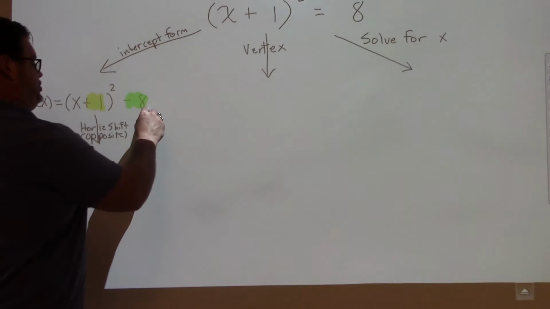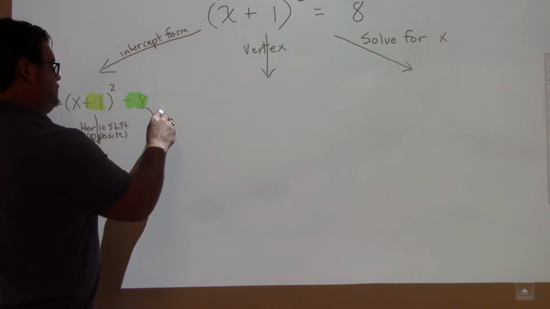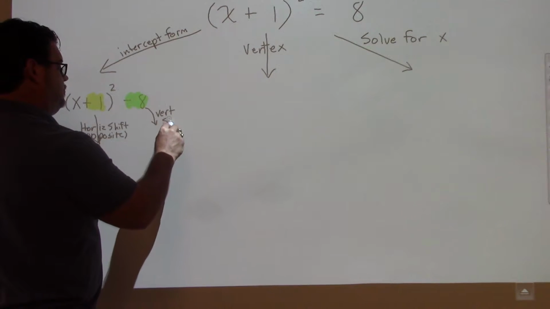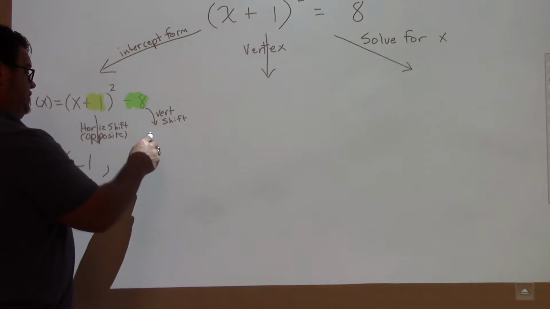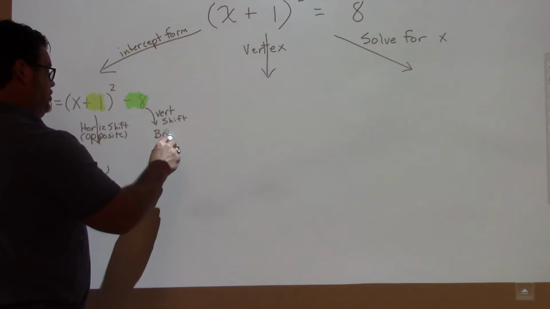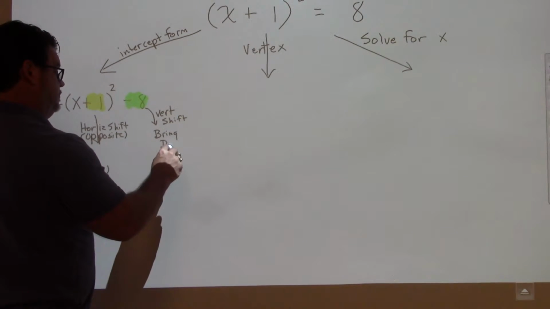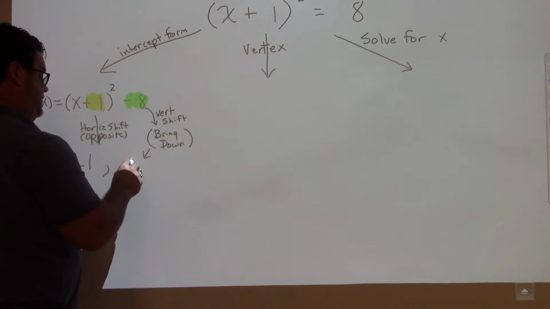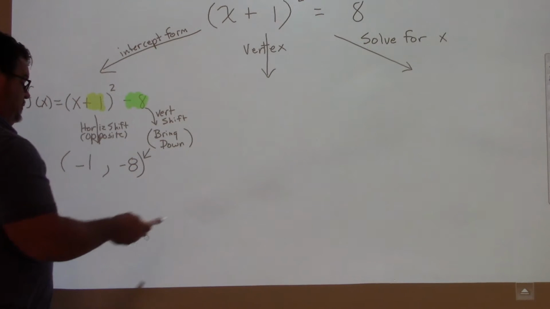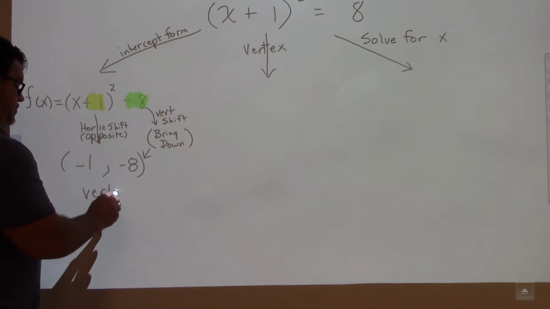Here is your vertical shift. Vertical shift, you just bring down. You don't take the opposite. And that's negative 8. And this is your vertex.